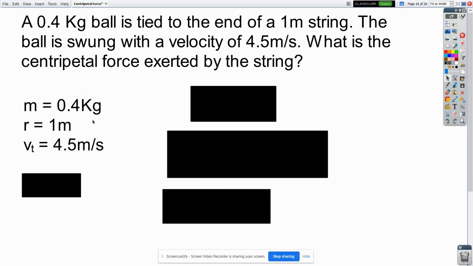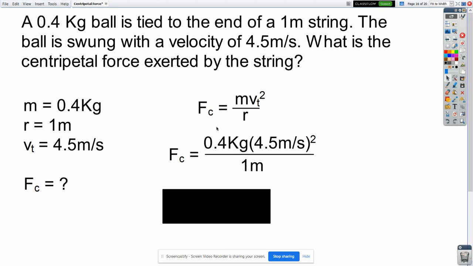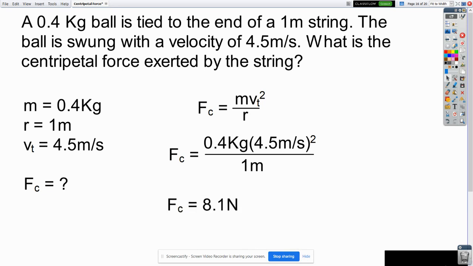Again, the mass is 0.4 kilograms, the radius 1 meter, the tangential velocity is 4.5 meters per second. We're looking for the centripetal force using the same equation. Only thing that's changed is the mass is now 0.4 kilograms. 0.4 times 4.5 squared equals, divided by 1 is 8.1 newtons.